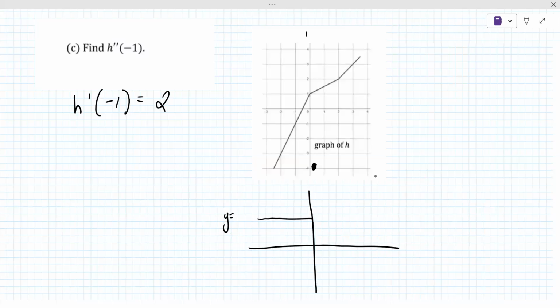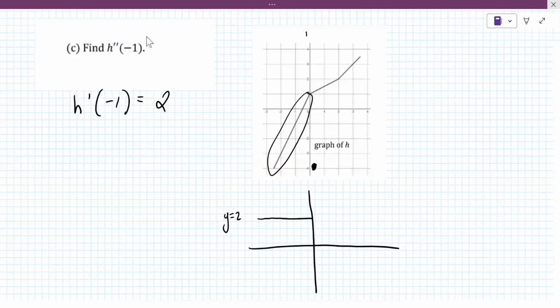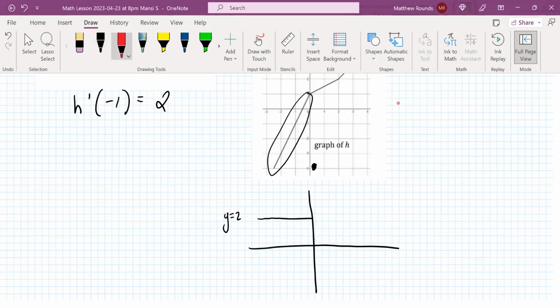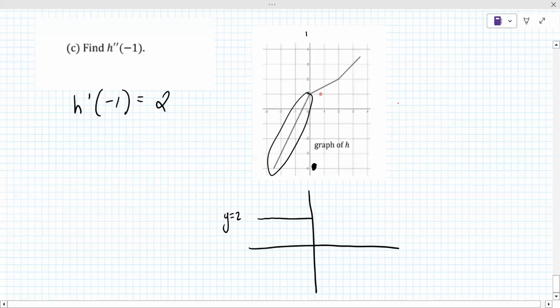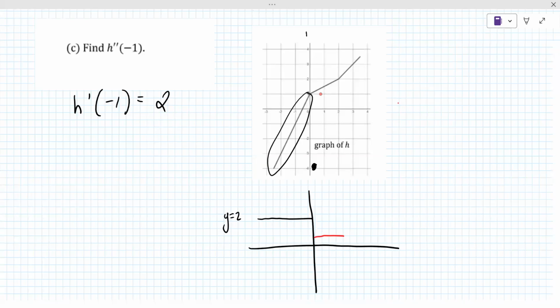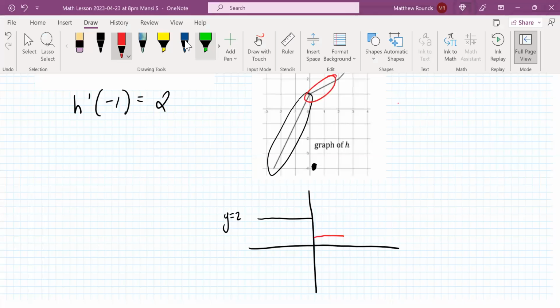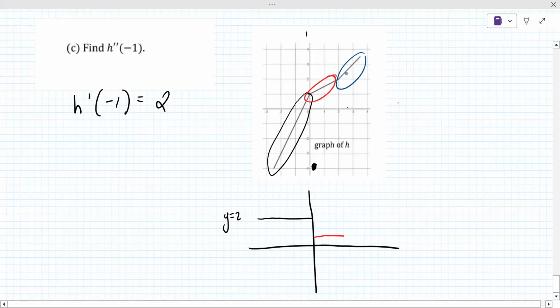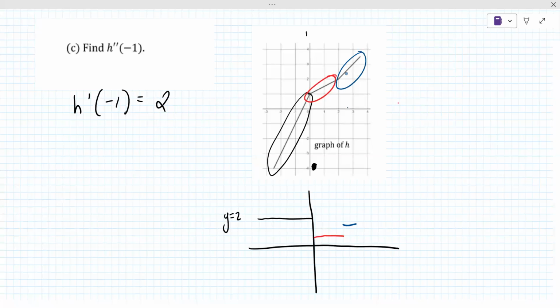That's the line y equals 2. So that takes care of this first part. The derivative of the second part we said is 1/2. It looks like a line there at y equals 1/2. And then the last one is kind of going up to the right a little bit more. It's 1.